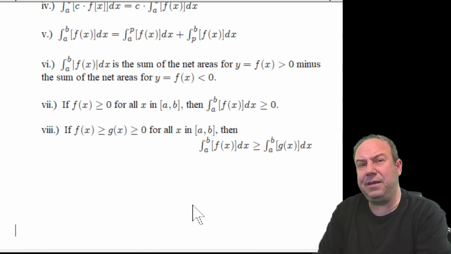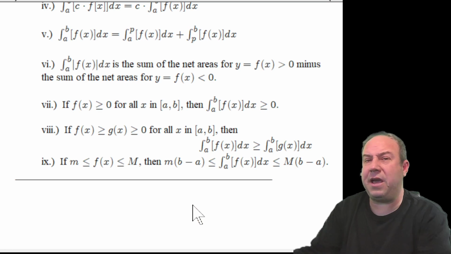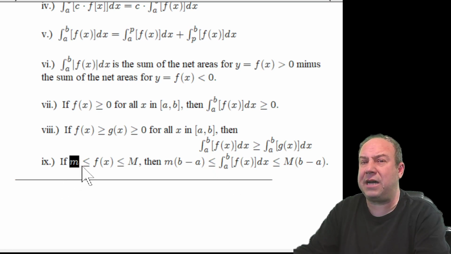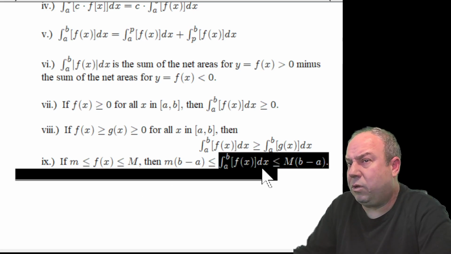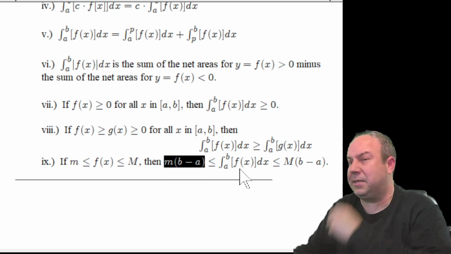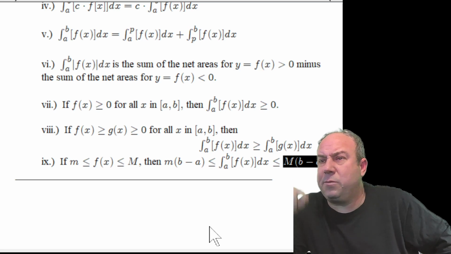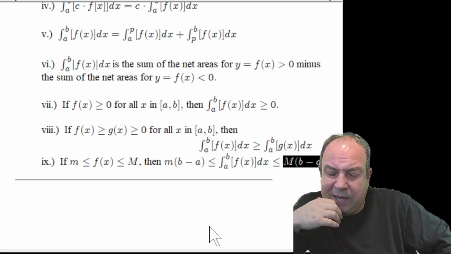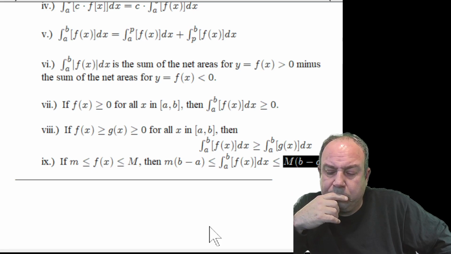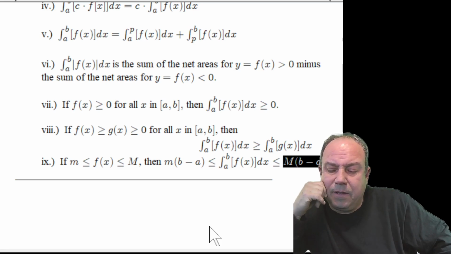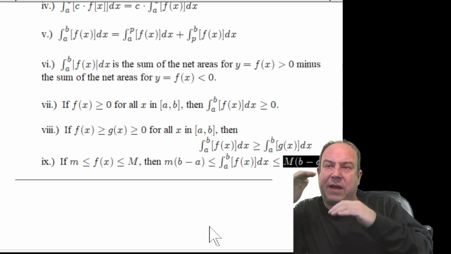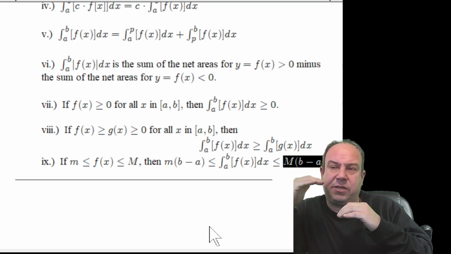And then lastly, if function f is always trapped between two constants, little m and big M, then the definite integral will always be trapped between m times b minus a and big M times b minus a, where this kind of goes back to what we saw in the previous case where we were forming rectangles around our regions of interest.